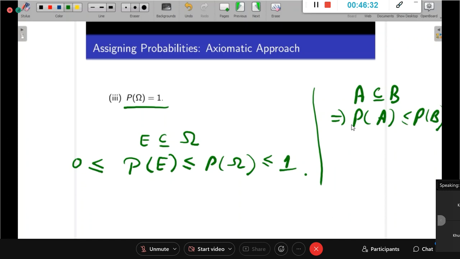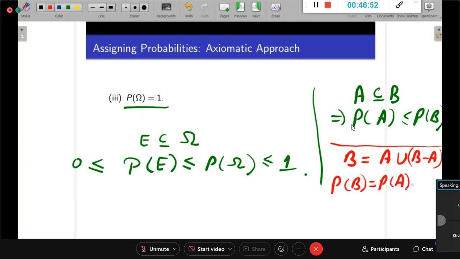Can you do that? It's very simple. You can write B as A union (B minus A). So probability of B is equal to probability of A plus probability of B minus A. Can I write this? Right.